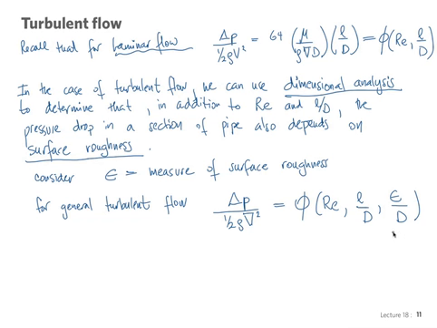This epsilon over D is what's called a relative roughness.